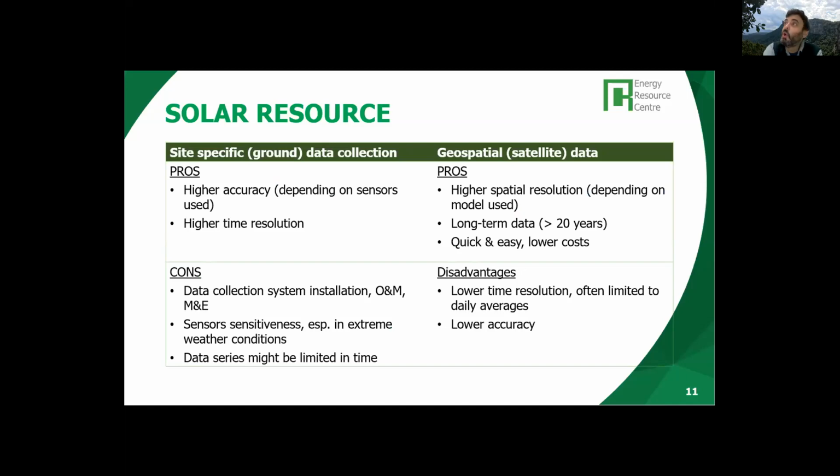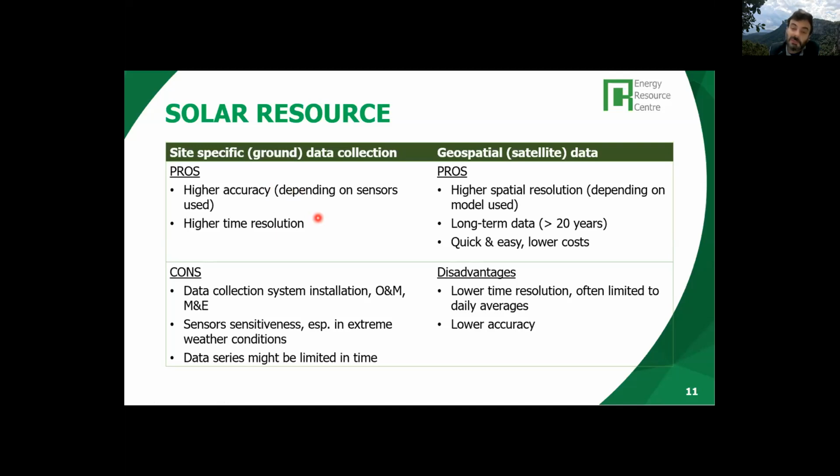data sources. One would be to collect our own data, very site specific, of course: go to the site and install data collection elements. The advantages, of course, are that we will have higher accuracy. The data collected will be very much the solar radiation actually being received at that very precise point, okay?